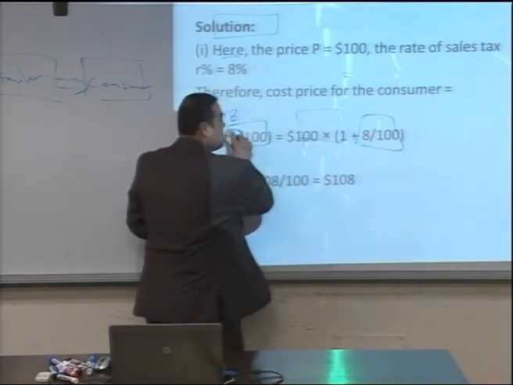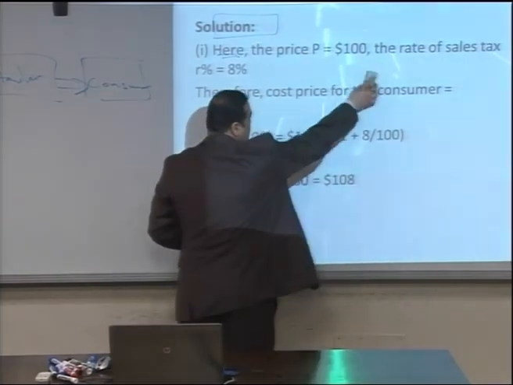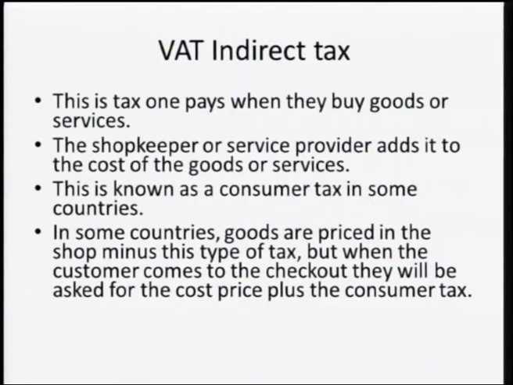Okay? Let's go to the definition of value added tax. The value added tax is an indirect tax. This is the tax one pays when they buy goods or services. The shopkeeper or service provider adds it to the cost of the goods or services.